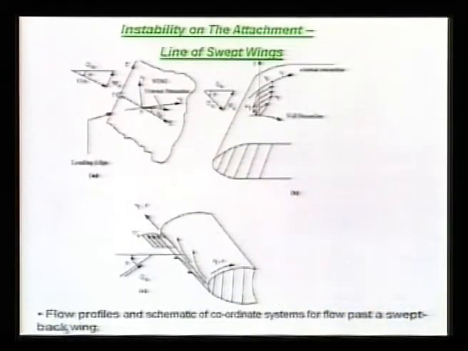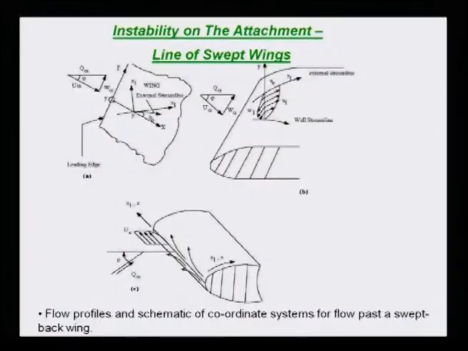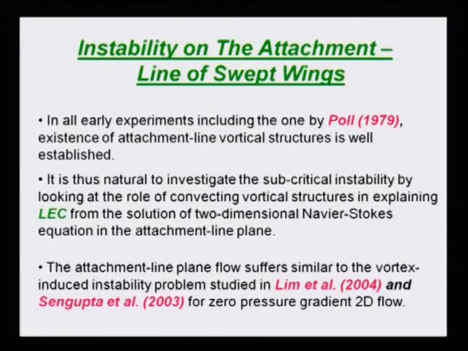Okay. So, these are the various coordinate systems that we should be talking about. Please keep this in mind. I will pass on these slides to you for you to take a look at carefully.